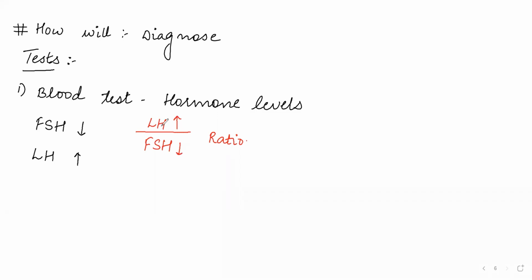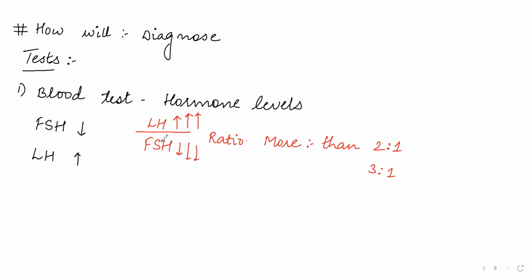So this LH to FSH ratio will always be more. Normally, this ratio should be less than 2:1. But here it will be more than 2:1, or it can be 3:1. So that indicates LH will be comparatively much higher and FSH comparatively much lower.